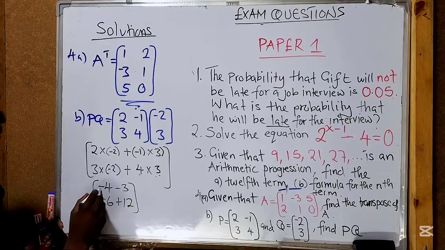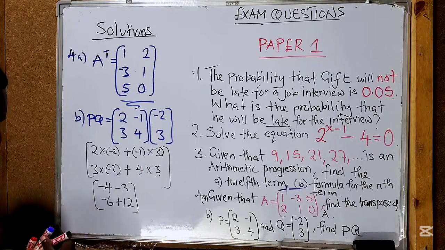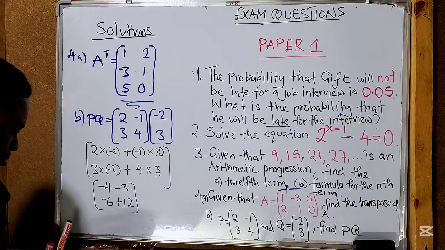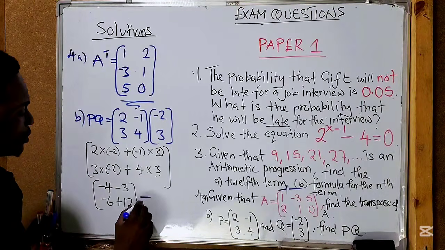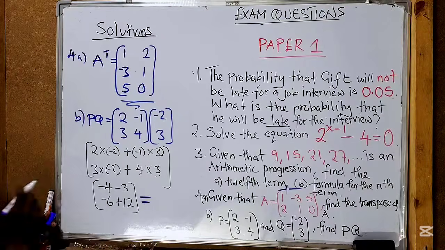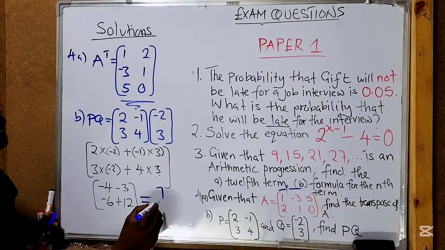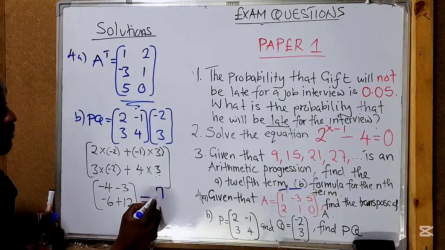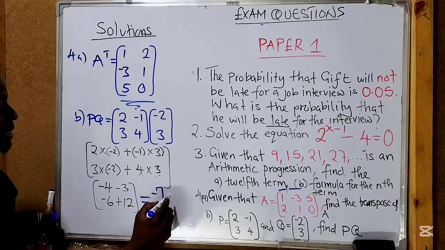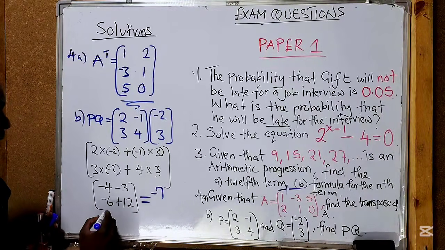What is -4 minus 3? Simple. They have the same sign, so we add 3 plus 4, 7. 3 plus 4 is 7, and the common sign is negative, so we maintain the negative sign.